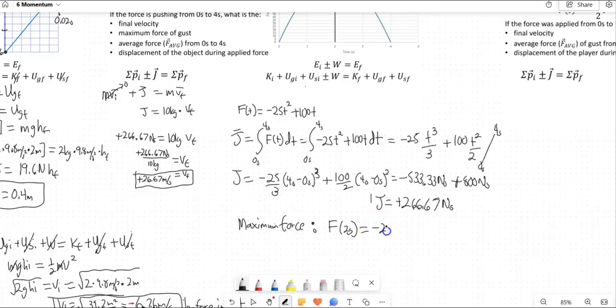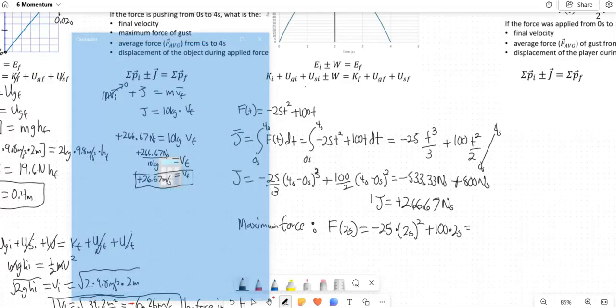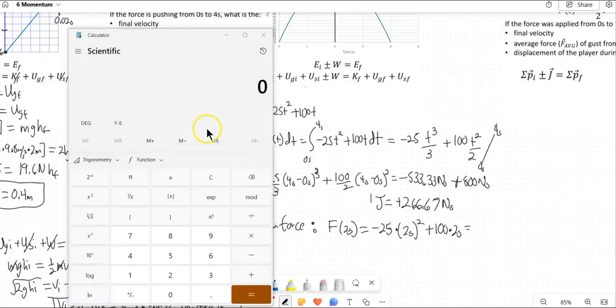So this is going to be negative 25 times 2 seconds that we're going to square plus 100 times 2 seconds. So let's figure that out. So 2 seconds squared, that is going to be 4.